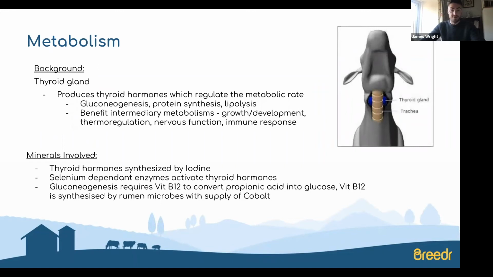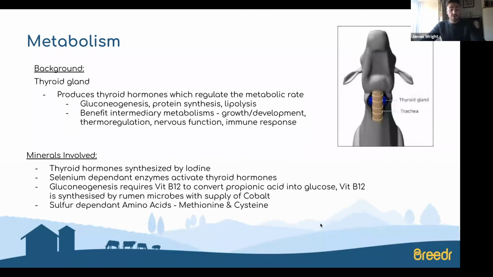Vitamin B12 converts propionic acid, which is produced after the fermentation of carbohydrates, into glucose. Vitamin B12 is actually synthesized by the rumen microbes themselves, but in order to do that, they need cobalt. It's a very long-winded way of getting there, but basically we need cobalt. Cobalt in the diet will help with that glucose production.